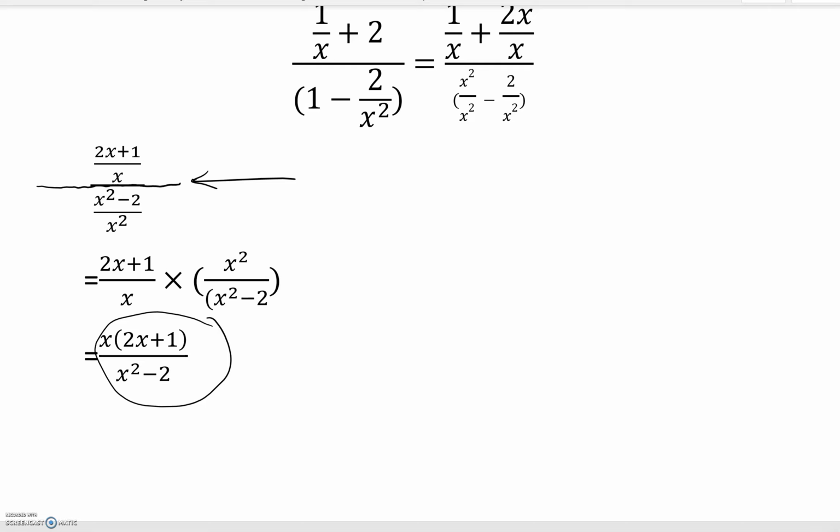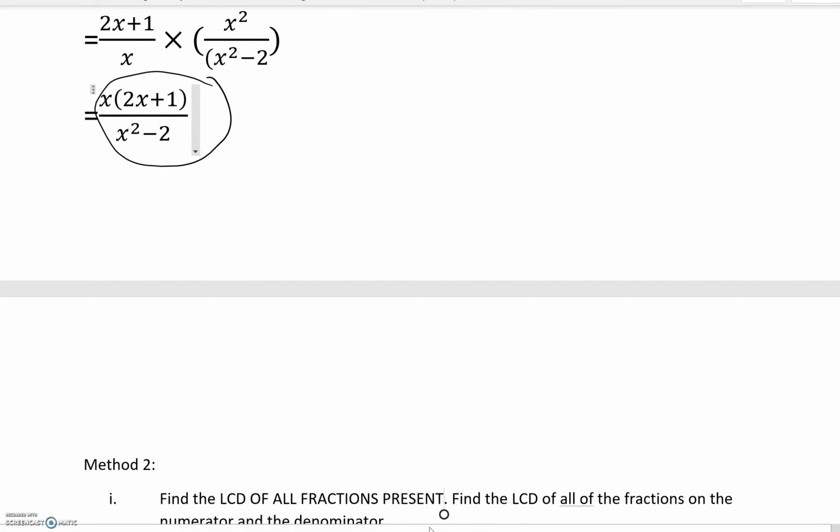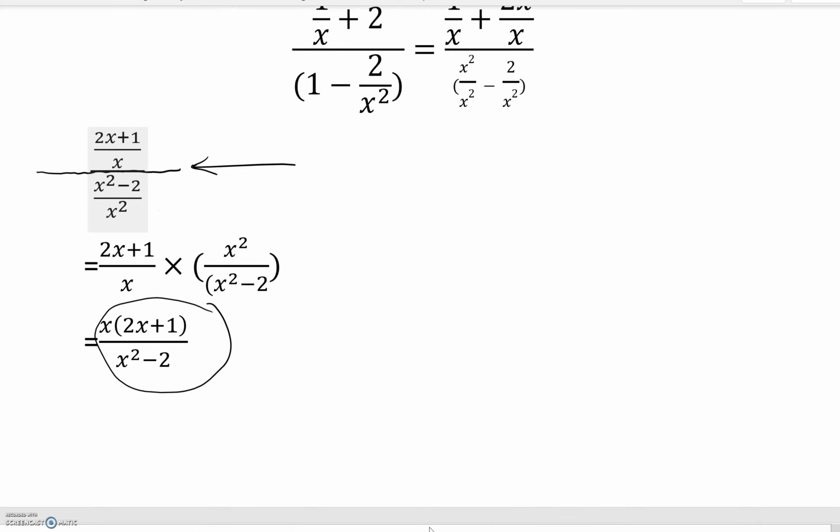What do we do? We will take the reciprocal of the bottommost fraction and multiply it by the top. Multiplying those two fractions, what happens here? This x here is going to cancel out with one of these on the top. So you're left with x times 2x plus 1 over x squared minus 2.